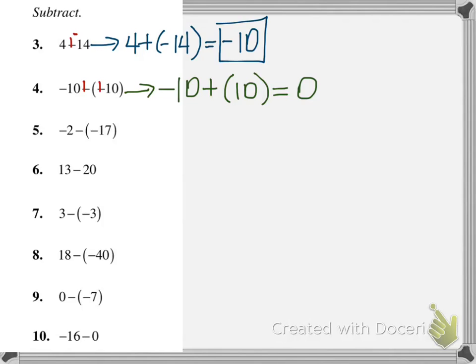So in this next problem, if I want to add the opposite, it's going to be the same thing as negative 2 plus 17. Signs are different, so I'm actually going to subtract. 2 and 17 subtracted is 15, and it will stay positive.